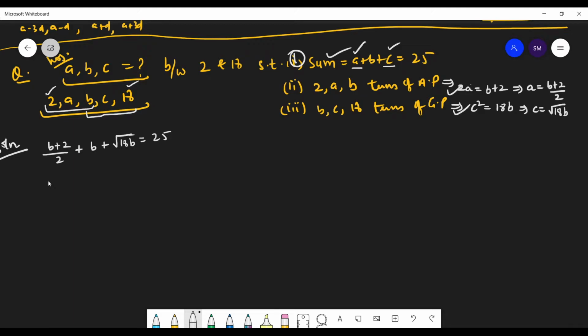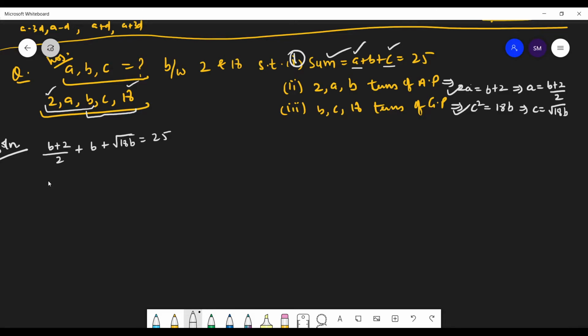Okay. But students, you need to form this quadratic equation. So it's better if you bring 48 this side. So this will be your minus 48 equals to 0. So either you can put root b is equals to x.